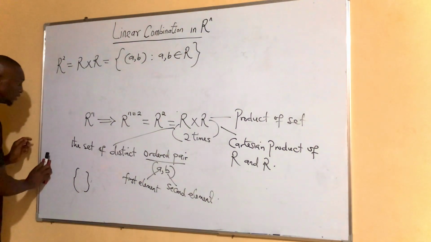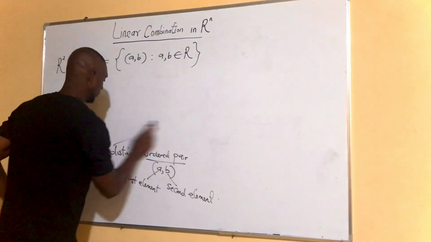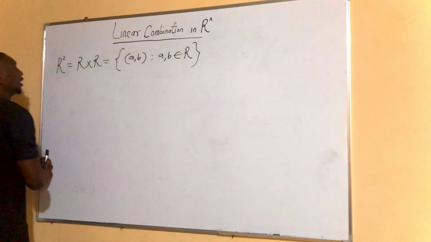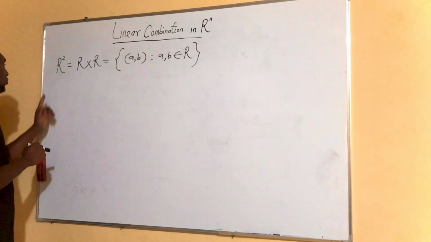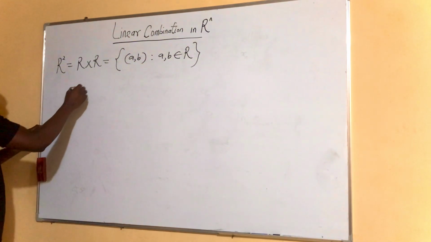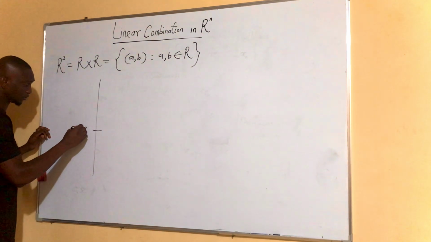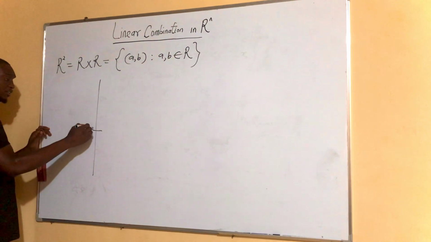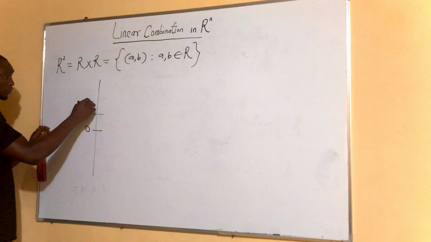Now, looking at this particular concept, we can still talk more on the geometrical concept of R to the power of 2. R to the power of 1 fills a line, R to the power of 2 fills 2 lines. Now this is a real line, and here becomes 0, we have the down and the upside. This upside, we call it positive values. Let's call here 1, let's call here 2.